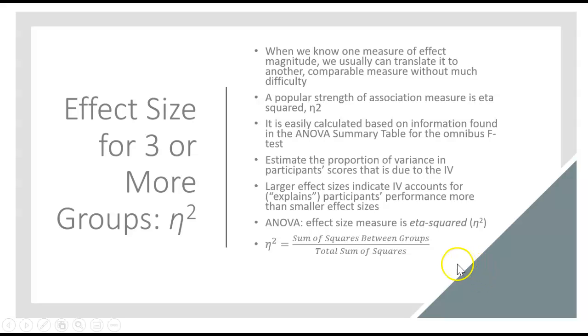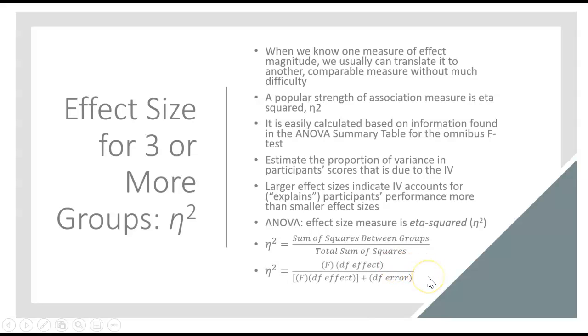Eta squared is, conceptually, the sum of squares between the groups divided by the total sum of squares. So conceptually, you're looking at the variability between groups, that's the effect, and then the total variability, the total sum of squares, as the denominator.